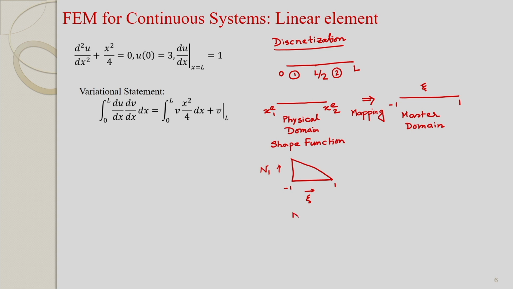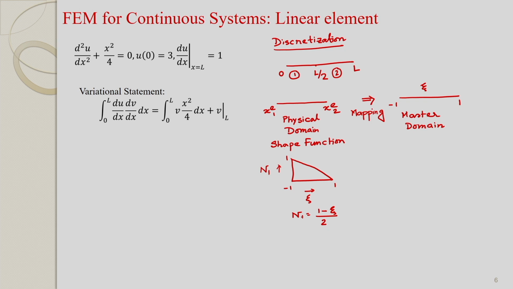So, n1 we define as 1 minus xi by 2. So, if you put xi equal to minus 1, n1 is 1, if xi equal to 1, n1 is 0 and n1 varies linearly.